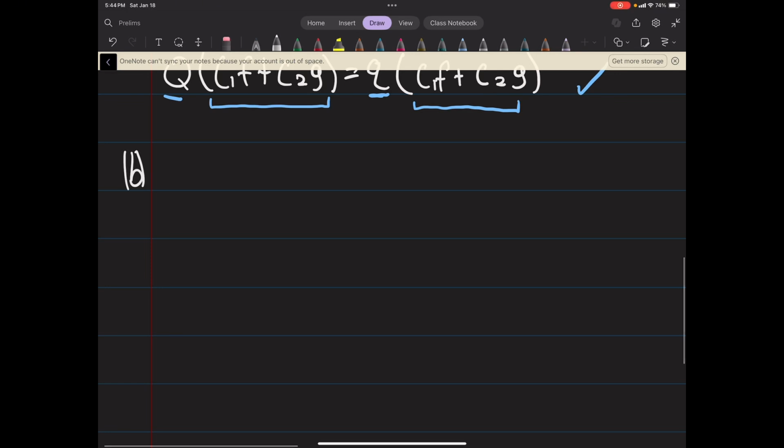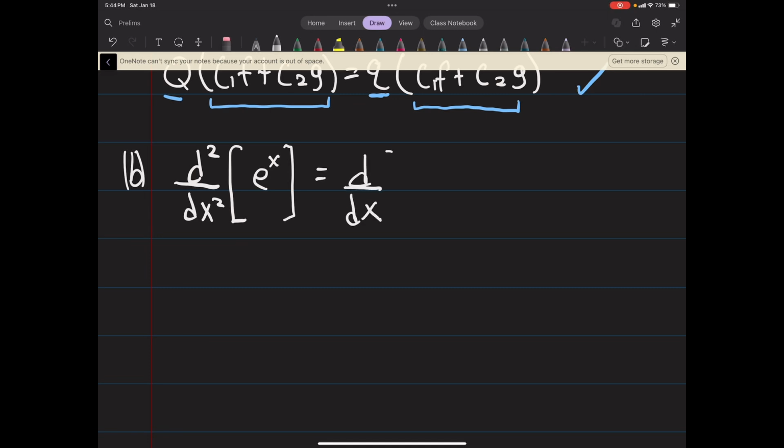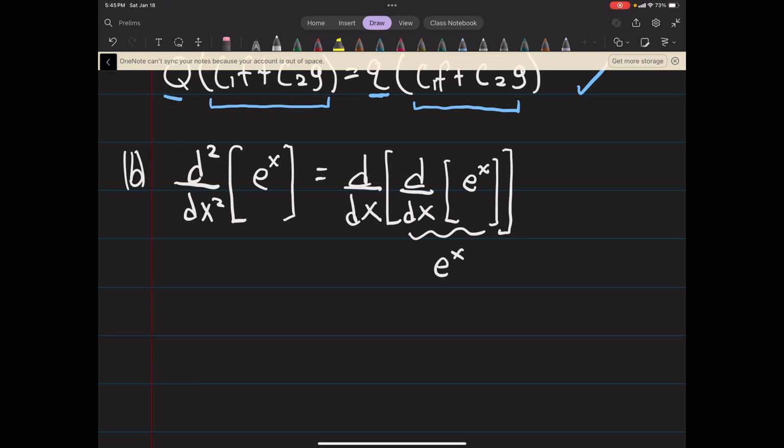Okay, so we have this operator acting on, we'll start with e to the x. And just so you're okay with this, this is the exact same thing as just taking the derivative twice. Now, when I take the derivative of e to the x, that's going to be just e to the x. And then the derivative of e to the x is still e to the x. So this whole thing is just e to the x.